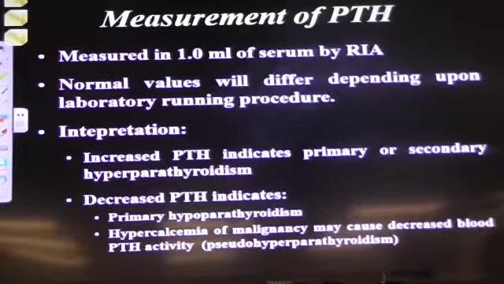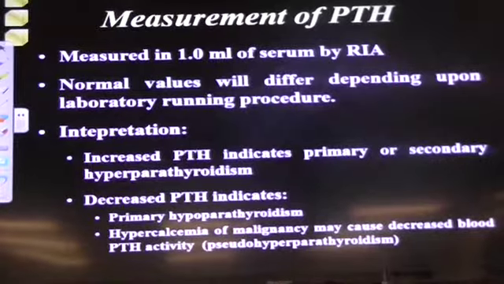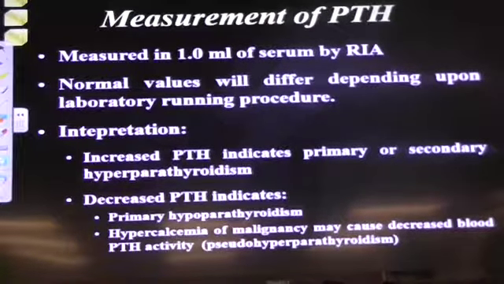Okay? And interpretation, increased PTH levels indicate primary or secondary hyperparathyroidism. Make sense? Now, what if I have hypercalcemia and my PTH is high? What's that tell me is probably causing the hypercalcemia?